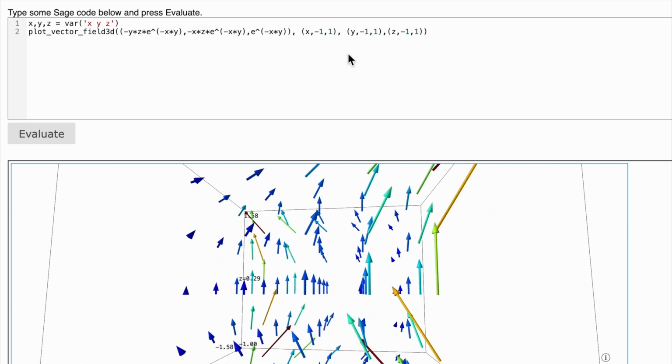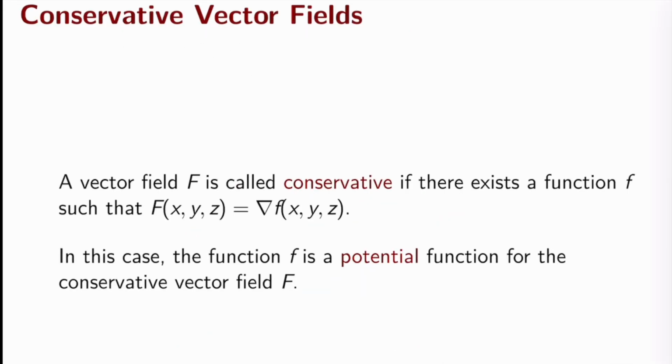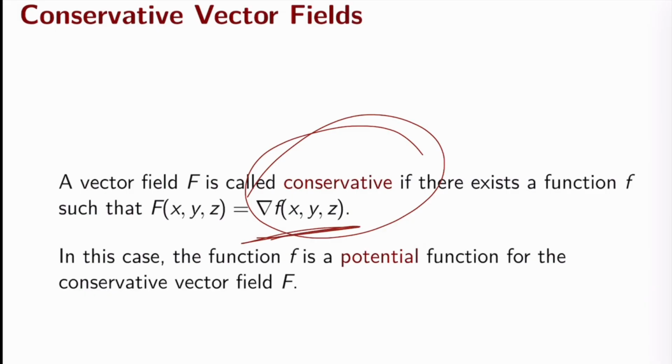Moreover, in our case, we know where this vector field comes from, right? Because we calculated this as the partial derivatives of a function. We're going to say that a vector field is called conservative when it is actually the gradient of something. I mean, when there exists a function such that the gradient of that function is the vector field.